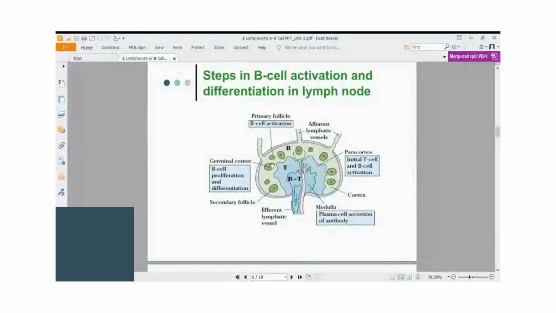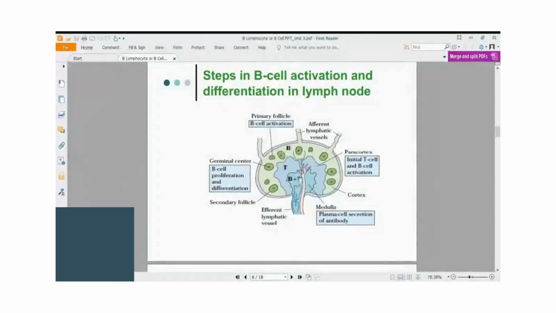The paracortex area is called the dark zone. The dark zone is rich with T and B lymphocytes, which are already activated with the foreign antigen, and they have undergone proliferation. There is a rich population of T and B lymphocytes in the paracortex area, which is called the dark zone.